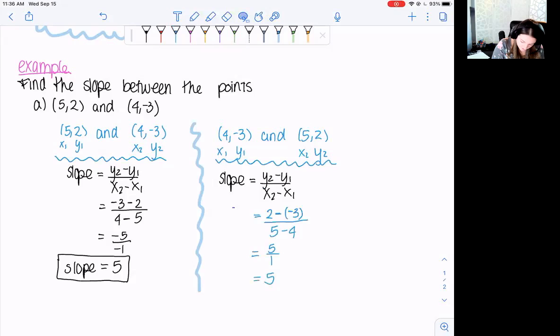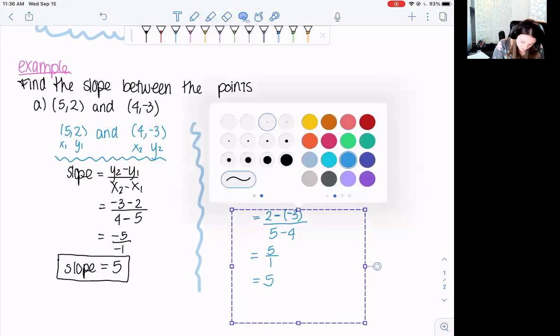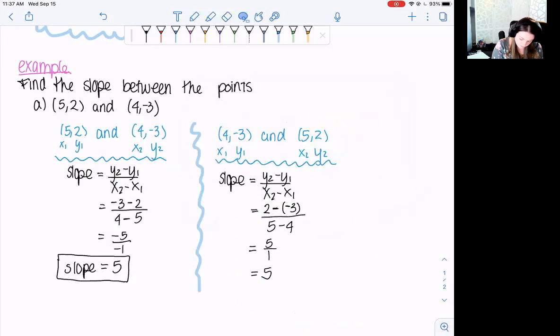It comes out to be 5. So both ways, regardless of which one you choose to be the first point, you're going to get the same slope.